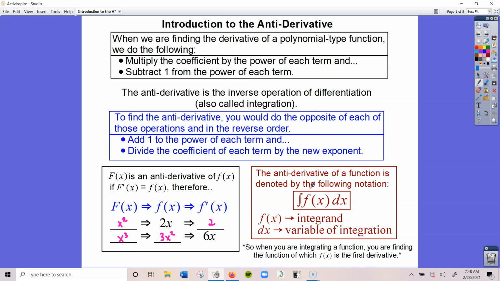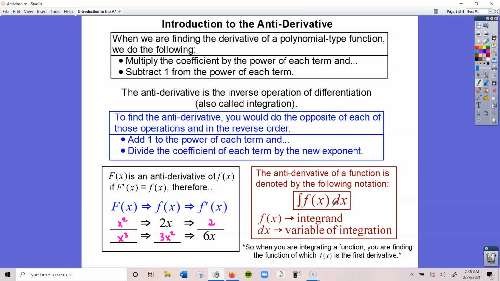Now, just so that you understand the notation and the terms that we use when it comes to integration. This, what kind of looks like a long S here, is the symbol for integration. That means to integrate the function, just like when you see d dx, that means to differentiate the function. So it is the operator.